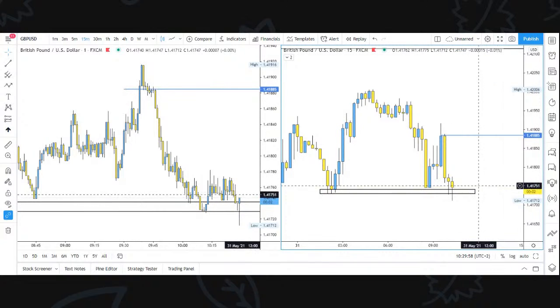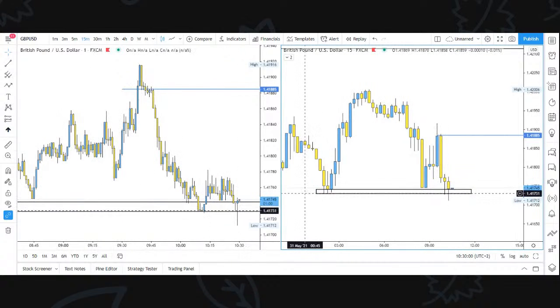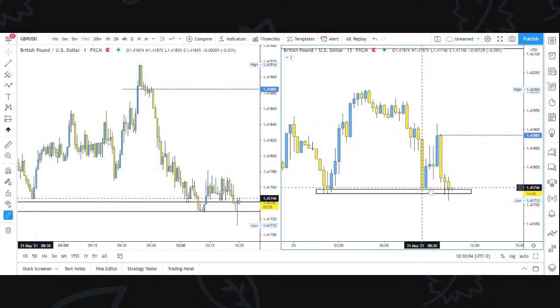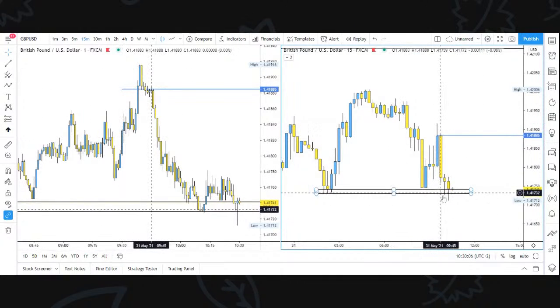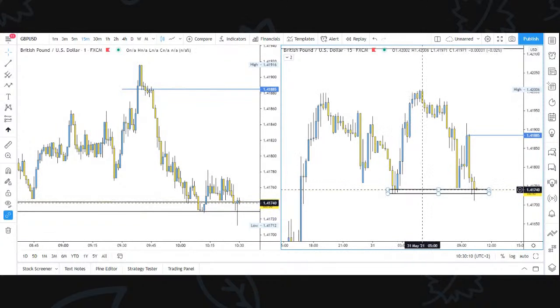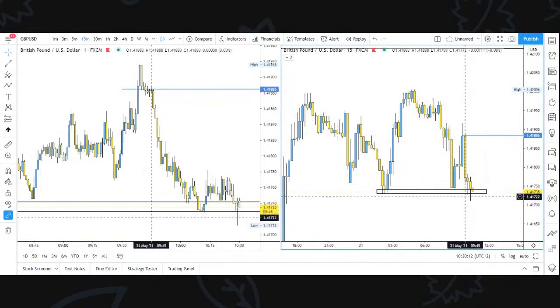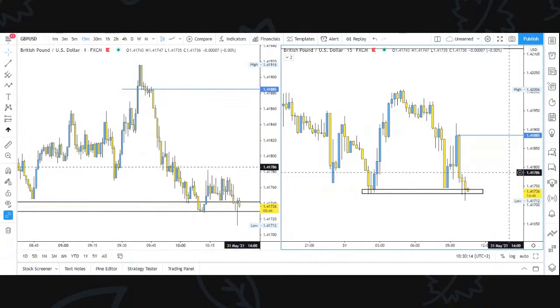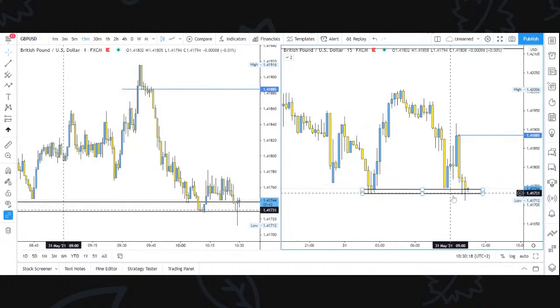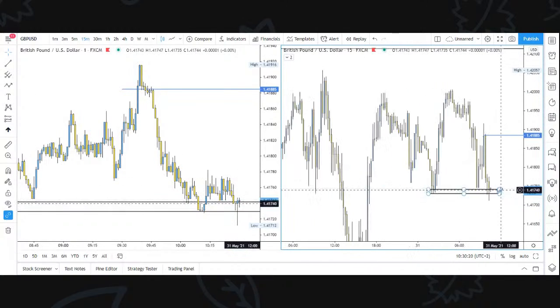If we don't, it's just another failure to break. Now you need to wait for the next 15M candle on this, because now you can see failure to break, failure to break. But at the same time, to me, the more touches a level has, the weaker it gets.